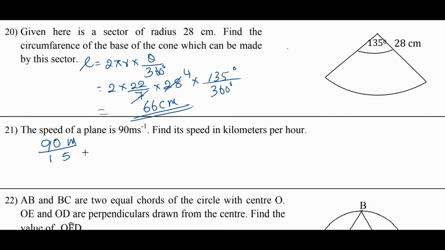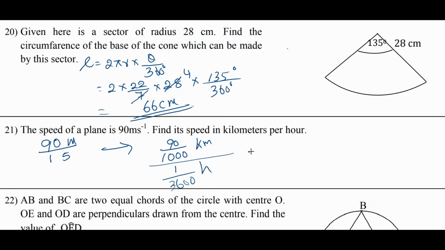Then I can convert the meters into kilometers and the seconds into hours. 90 meters converted into kilometers means 90 divided by 1000, and 1 second converted into hours means 1 over 3600.